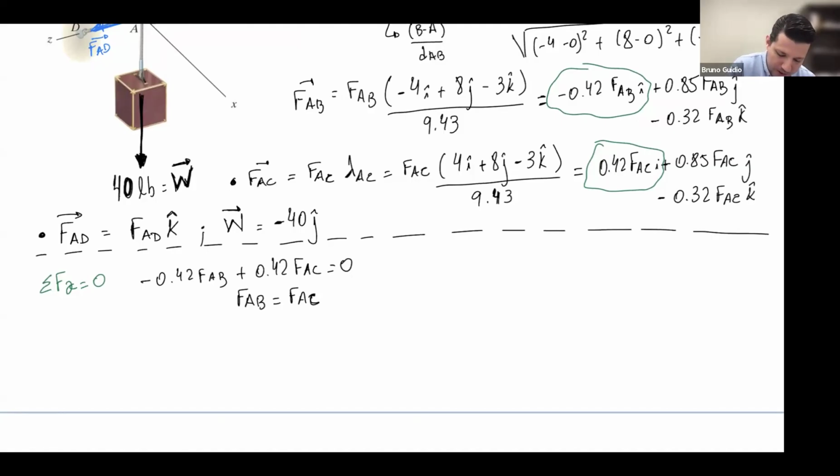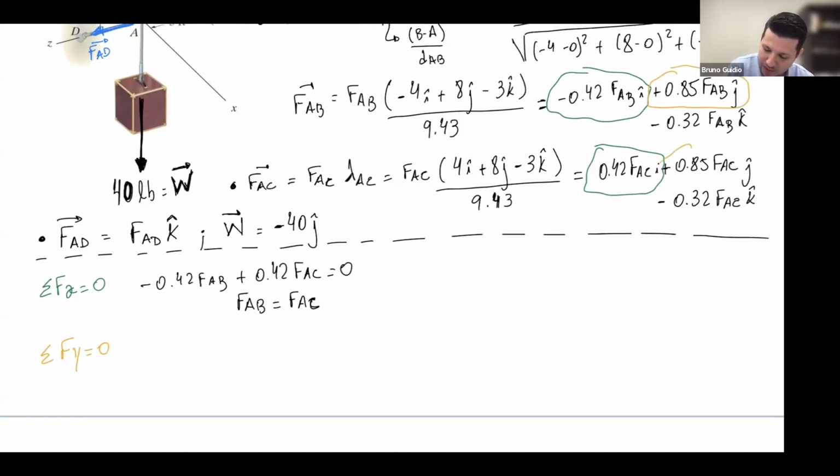What about the sum of the force in Y? What do I have in Y? 0.85 FAB, 0.85 FAC. Don't forget the W. So I have 0.85 FAB plus 0.85 FAC minus 40 equal to 0.